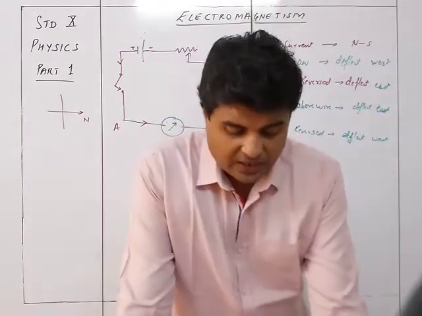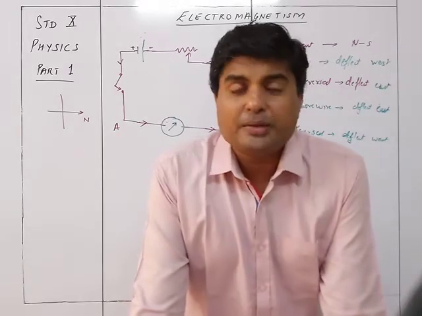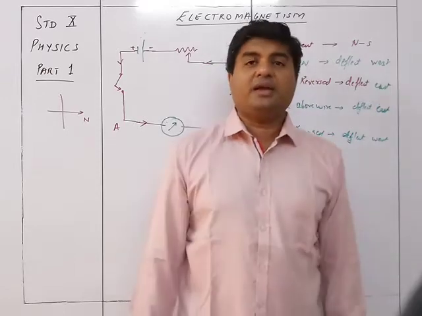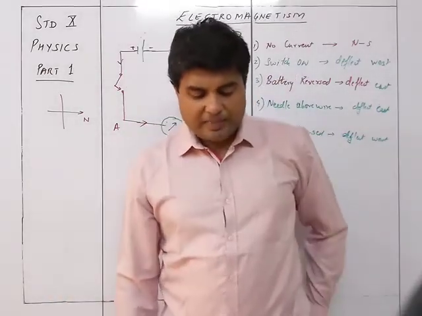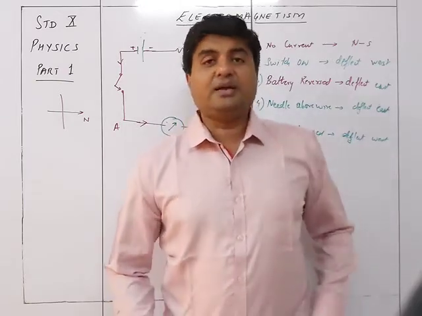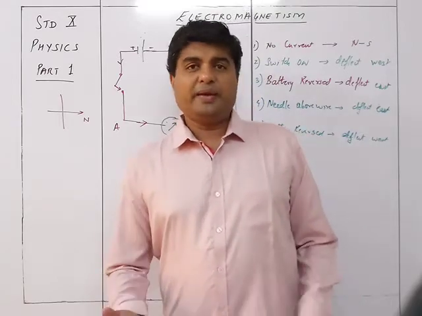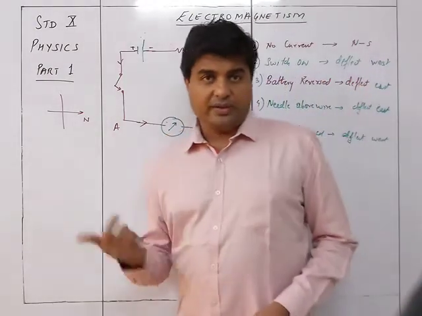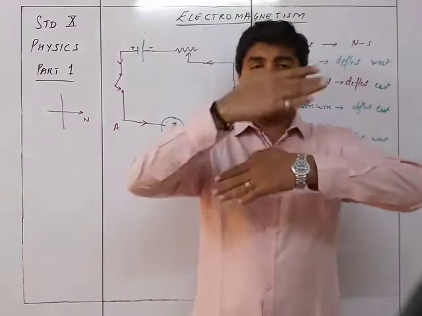So inference: a current, or a moving charge, produces a magnetic field around it. This is called the magnetic effect of current. The strength of the magnetic field depends on the magnitude of the current, and its direction depends on the direction of the current. So the main thing is that whenever a current carrying conductor is there, a magnetic field is produced around it.